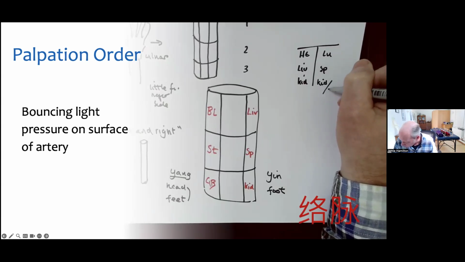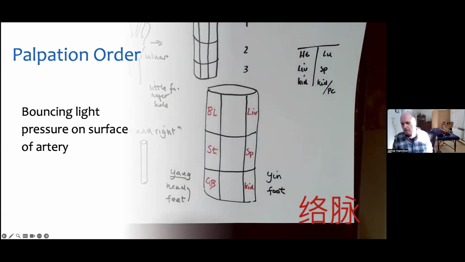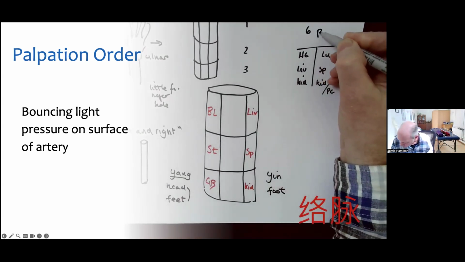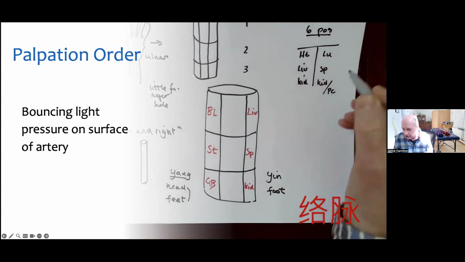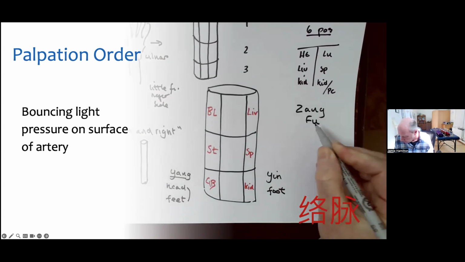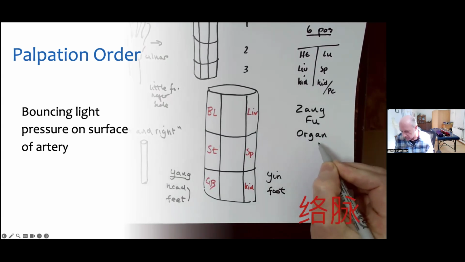Or it could be pericardium, if you want to follow that way. This normal so-called 6 positions, I think this is very useful for Zhang Fu, in other words, organ level dysfunction.